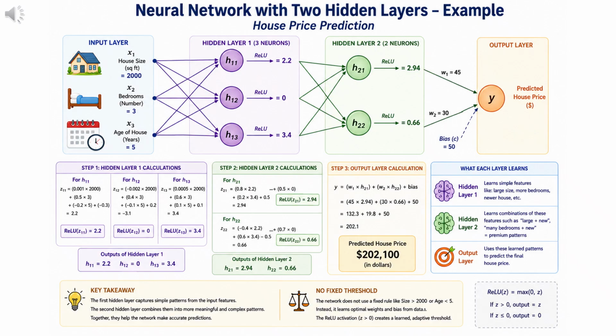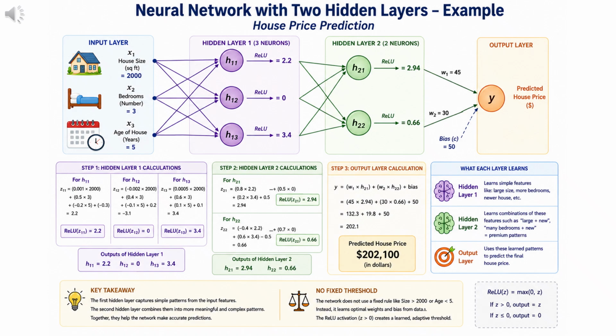The second hidden layer can combine these simple concepts into higher level patterns such as family-friendly home, high-demand property, premium property. These are not predefined rules. The neural network automatically learns these patterns by analyzing thousands of training examples and adjusting its weights to minimize prediction error.